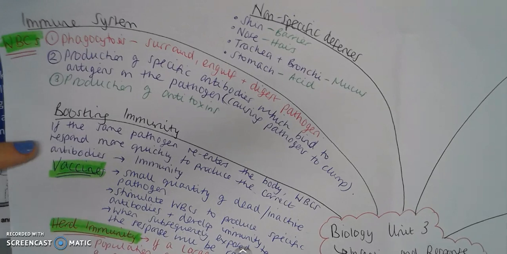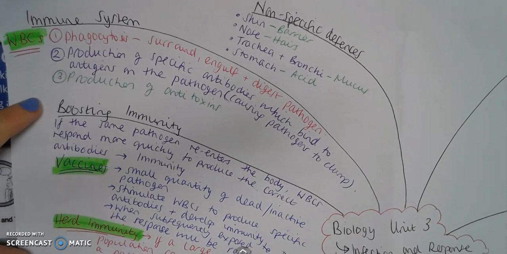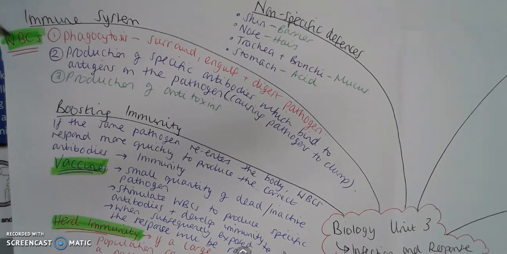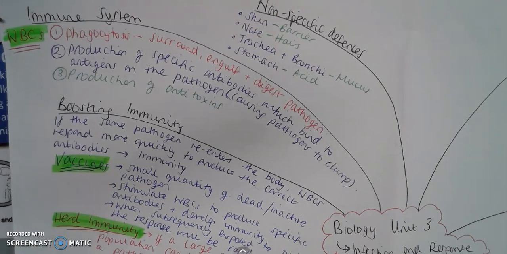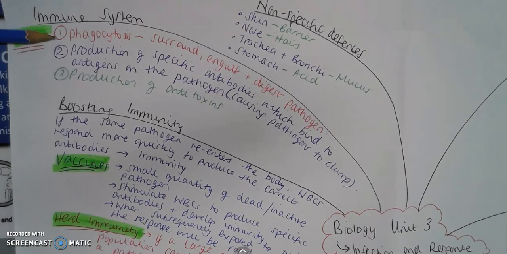So, looking at the more specific defences of the immune system, the main cell involved in our immune system defence is the white blood cell. 3 key ways in which they help defend our bodies. So phagocytosis is the first one, by which they surround, engulf and digest the pathogen.